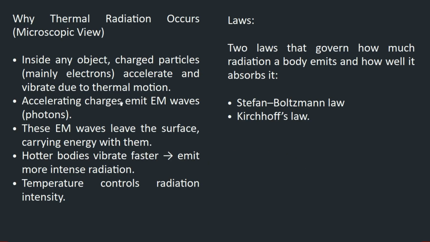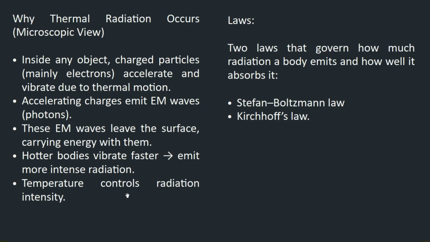Why does thermal radiation occur though? Let's look at the reason. Inside any object, charged particles, mainly electrons, accelerate and vibrate due to thermal motion. Accelerating charges emit EM, that is electromagnetic waves, that is photons. These electromagnetic waves leave the surface carrying energy with them. Hotter bodies vibrate faster, emitting more intense radiation.